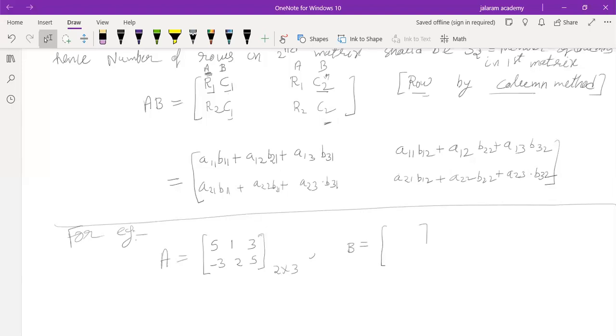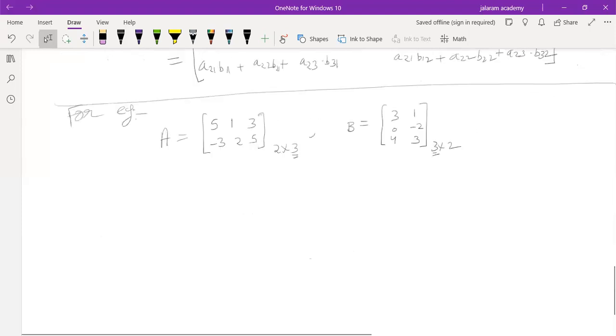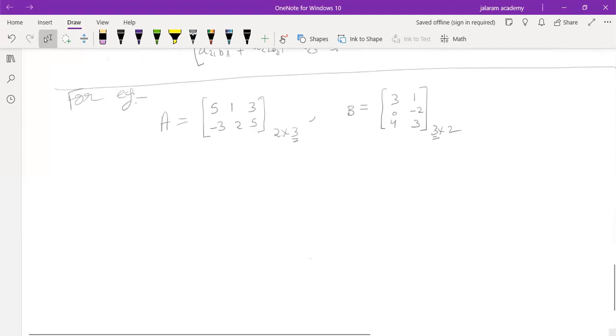Now we will take another matrix B of order 3 cross 2, as the number of columns in first matrix must be equal to the number of rows in second matrix: 3, 0, 4, 1, -2, 3. Multiply it, everyone, and tell me the result.